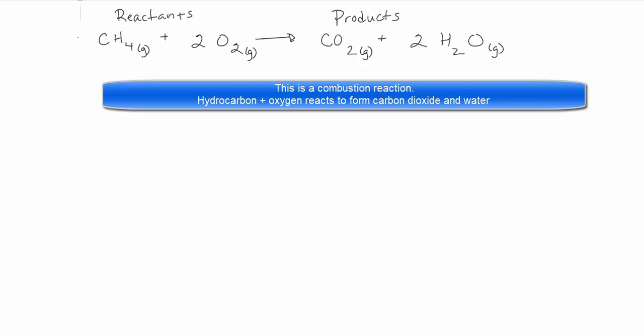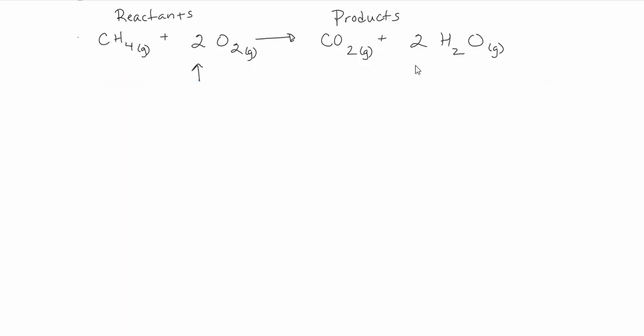When you're told to balance an equation, what you're looking for are the coefficients that go in front of the chemicals, the chemical formulas, in order to obey the law of conservation of matter. If we have 4 hydrogen atoms on the reactant side, as we do here, we need to have 4 hydrogen atoms on the product side.